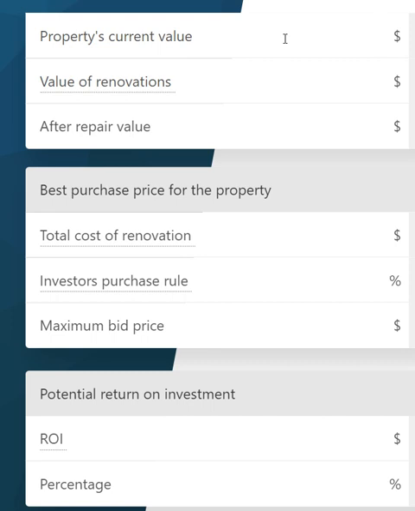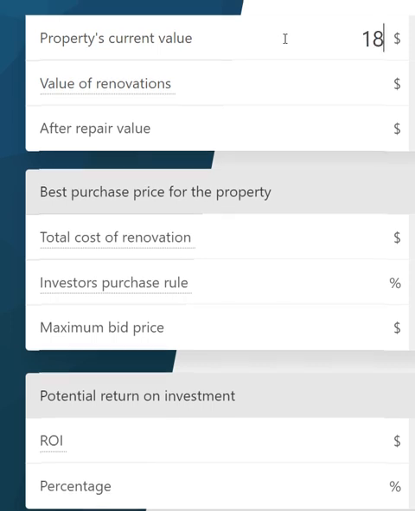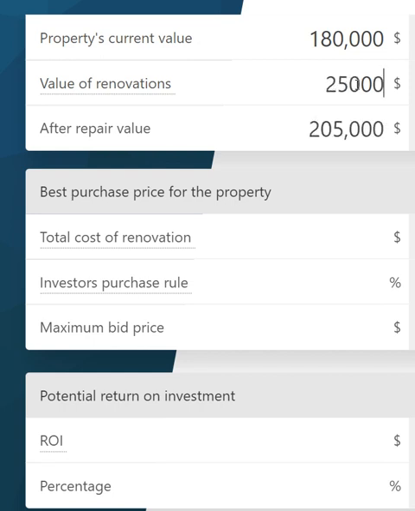And so that you can understand a little bit of how the investor is coming up with the money that they're trying to offer you, you really need to understand this calculator. So let's say that your property is worth $180,000. The value of the renovations is going to be around $25,000.